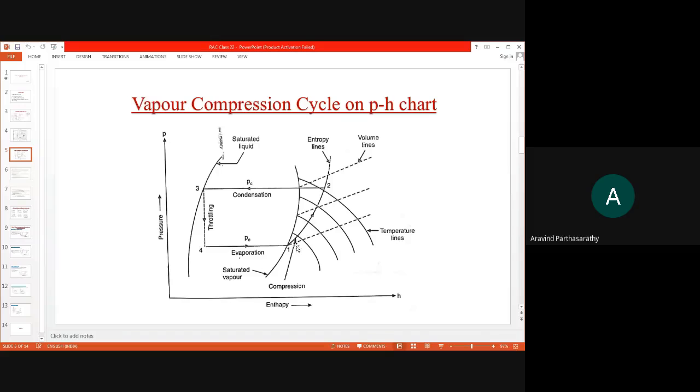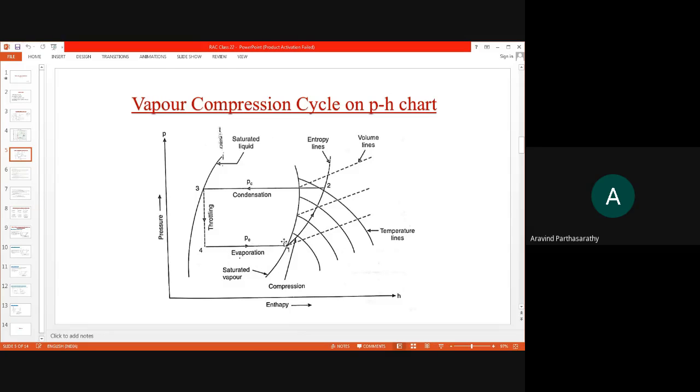So in the first state, you can see that heat is added to this refrigerant. After 4, when the refrigerant passes through the evaporator, heat is added.